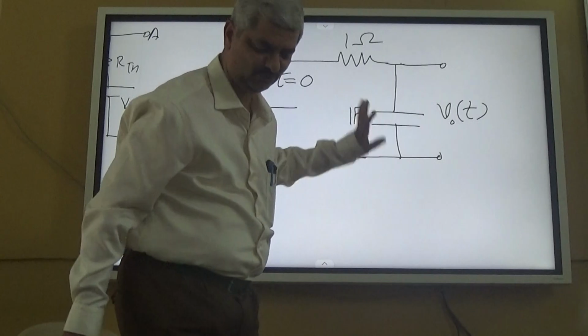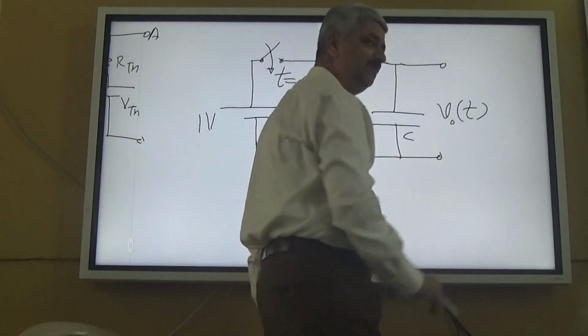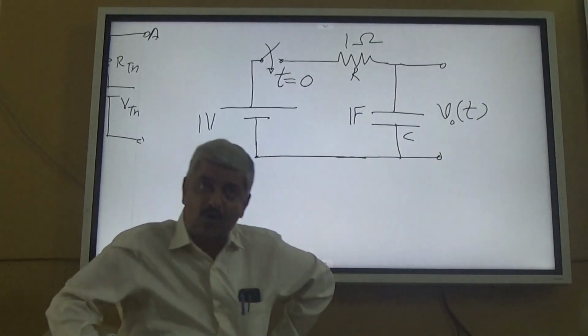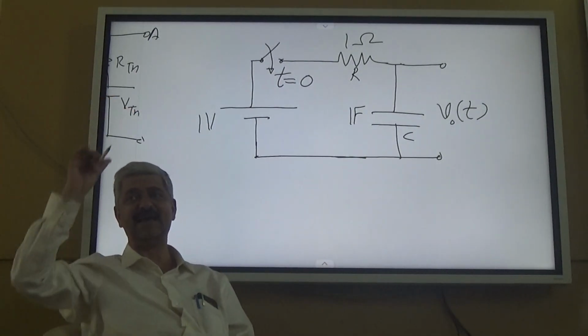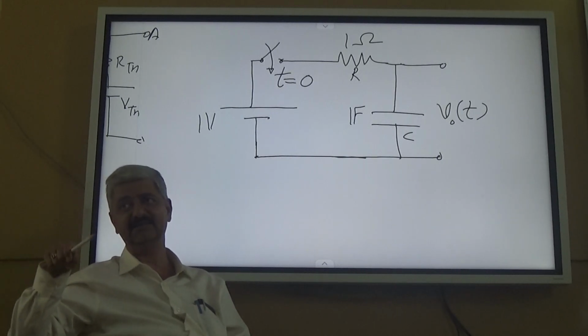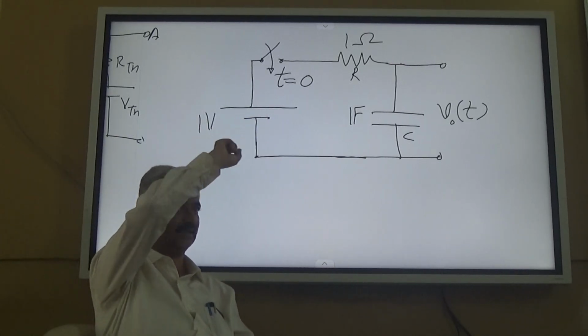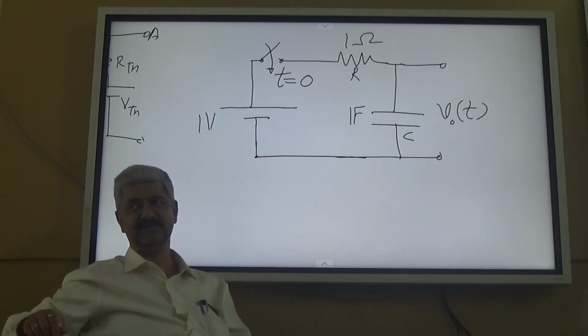This is R and this is C, 1 farad capacitor. So whether the description of the circuit is complete? Yes or no? Whether the description of the circuit is complete?